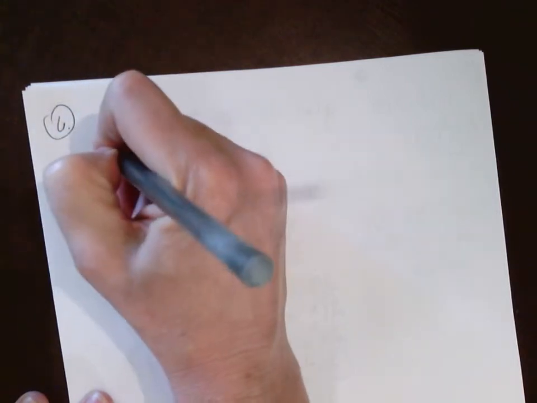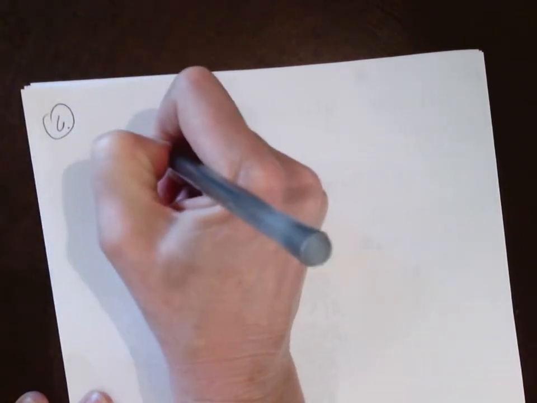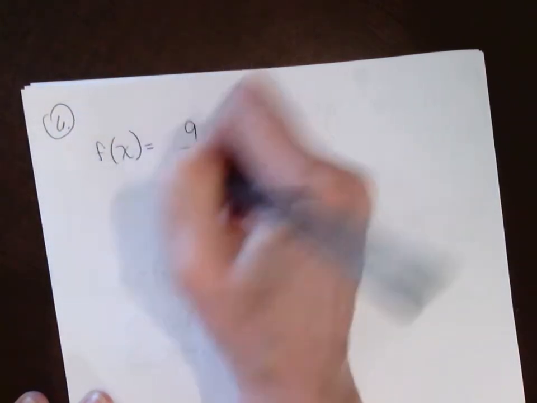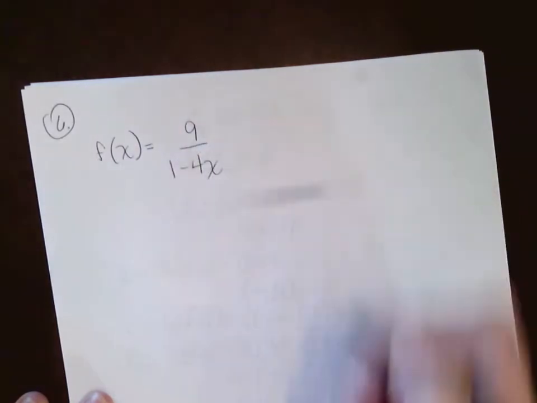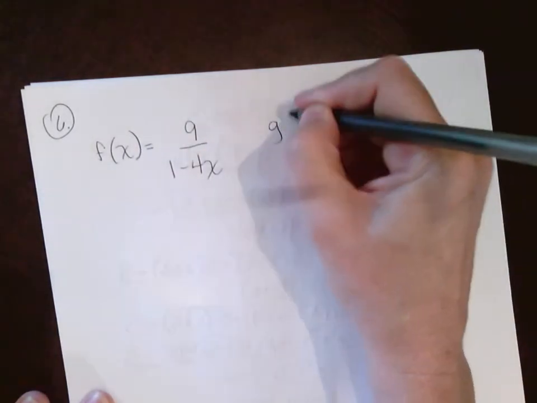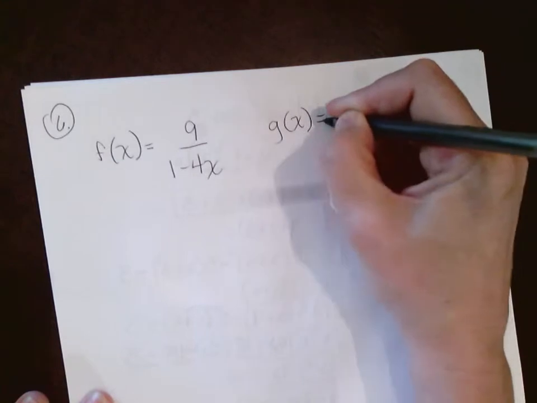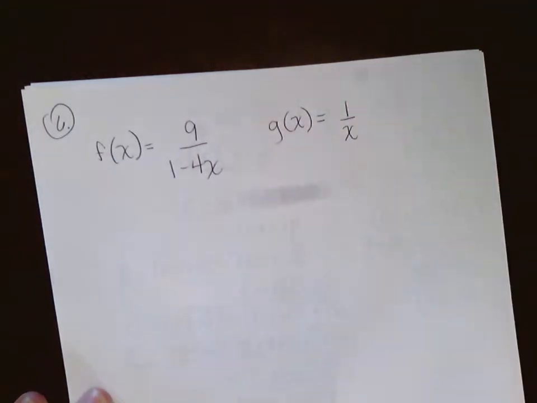All right, number 6. F of x equals 9 over 1 minus 4x, and g of x equals 1 over x. This is where it gets interesting. So let's see.